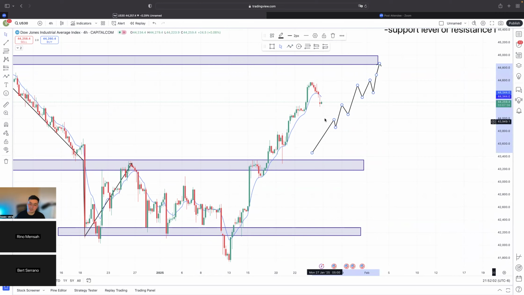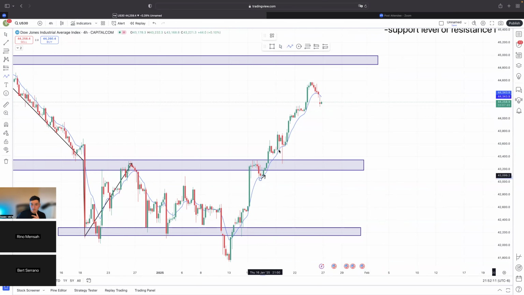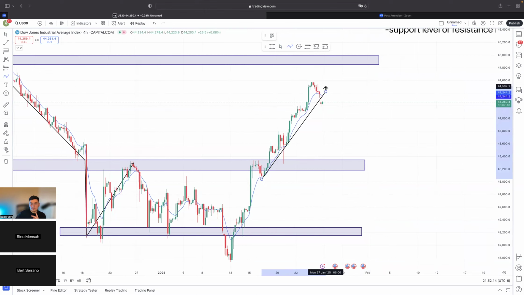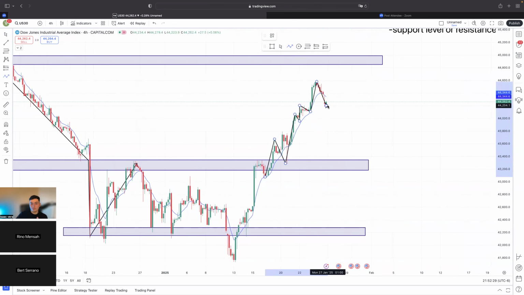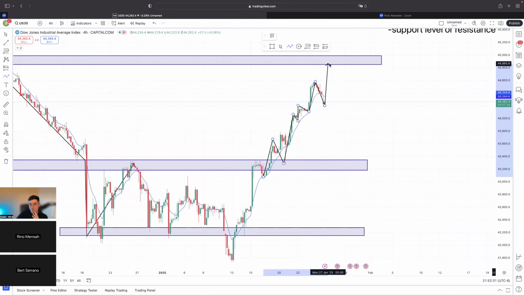It always makes a little bit of a down and then up, a little bit down and a little bit up. It's going a little bit up and then down, up and then down. So I'm expecting for tomorrow for price to get to the next resistance key level, which is right here.